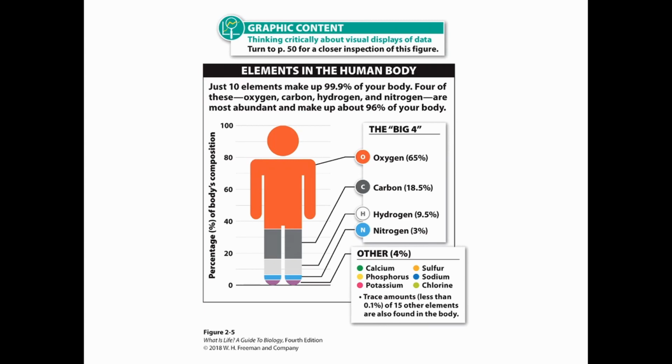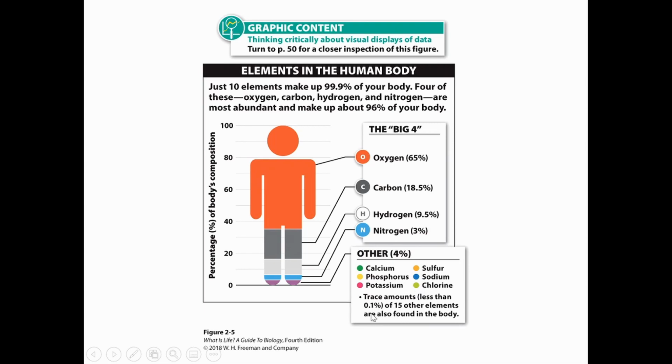So here we see the breakdown with the percentages, because the previous list was in no particular order. So the big 4, oxygen makes up most of us, 65%, with carbon being a good 18 or so percent, hydrogen, and then nitrogen. And the remaining 4% is things like calcium, sulfur, phosphorus, sodium, potassium, and chlorine.